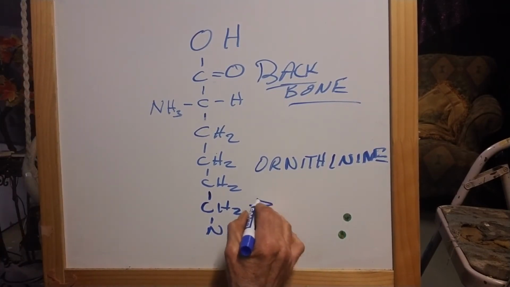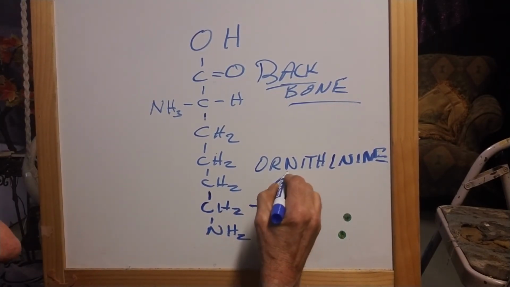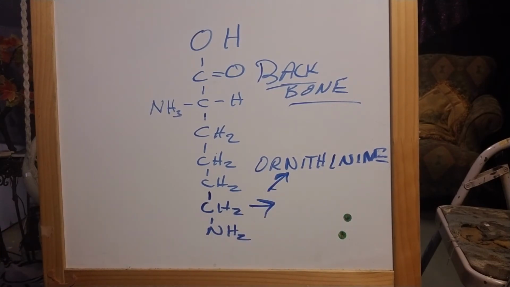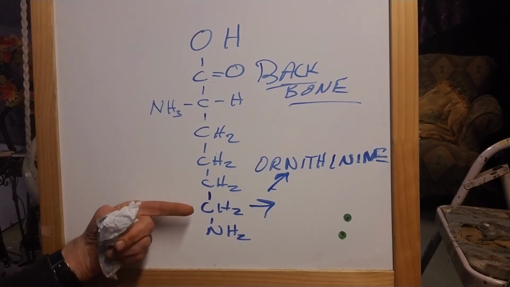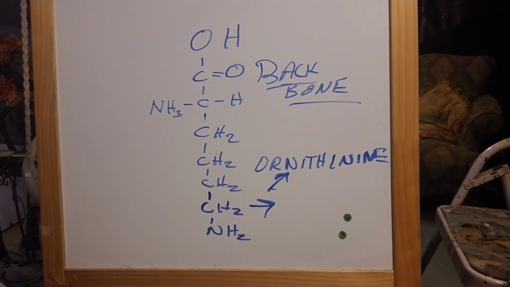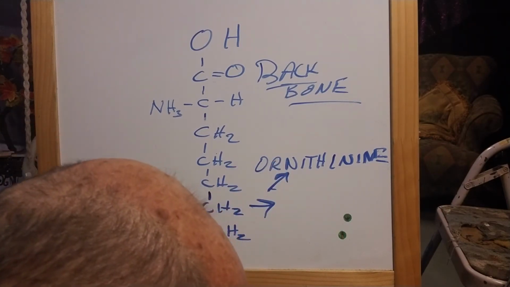So it takes this one away from lysine to make that. Remember we talked about enzymes? There's an enzyme that gets rid of that extra carbon and dual hydrogen when it needs to.